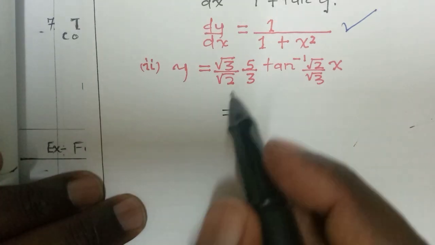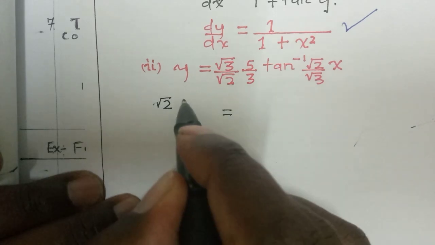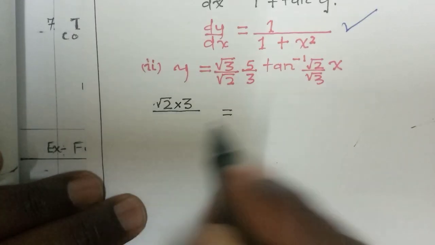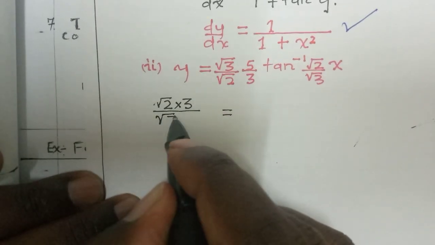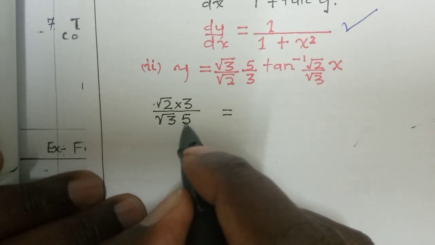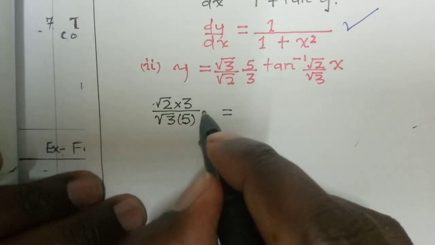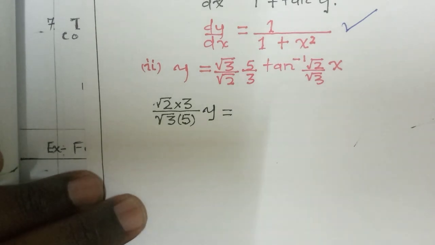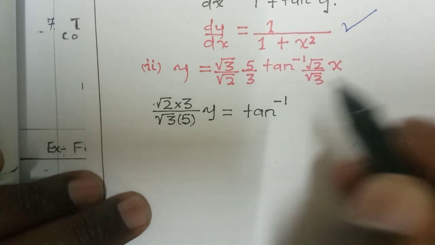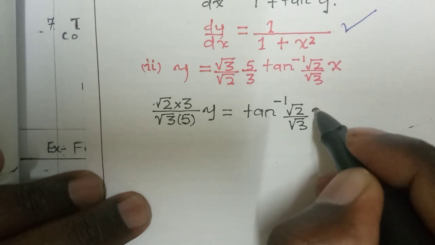This will be square root of 2, we have 3 there, that is times, all over square root of 3, then we have 5 there, like that, still times there. Then we put y there. So this one is equal to tan inverse of square root of 2 square root of 3 x.